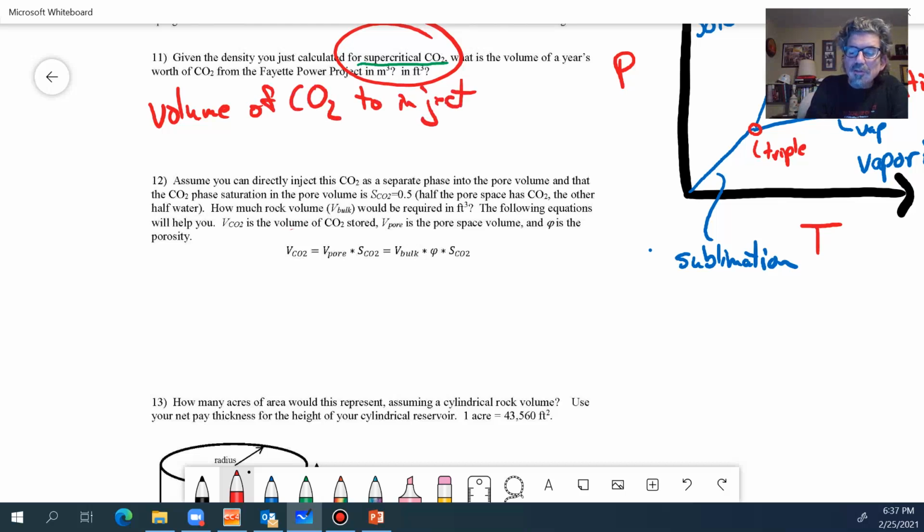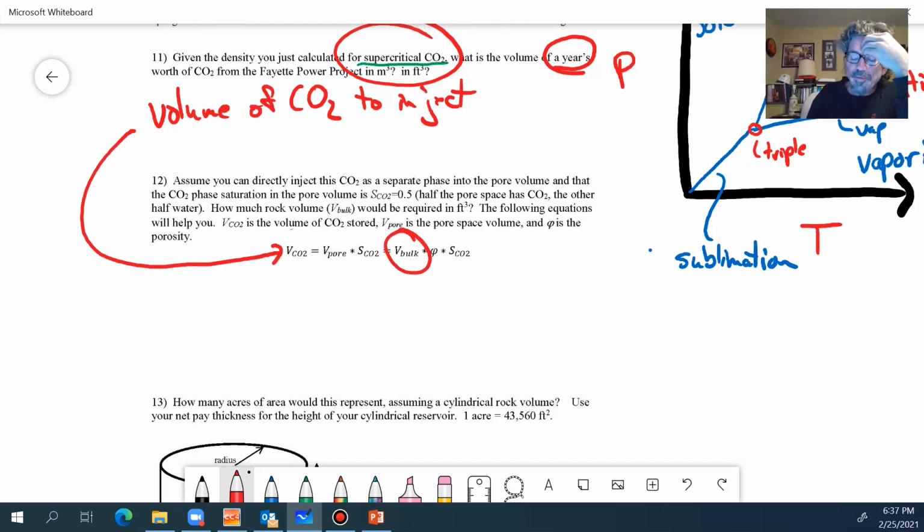You calculate that, and that's for a year's worth of Fayette County power project operation. And then you take that volume, you stick it in here, and you solve for the bulk volume of rock you need in order to store that volume.